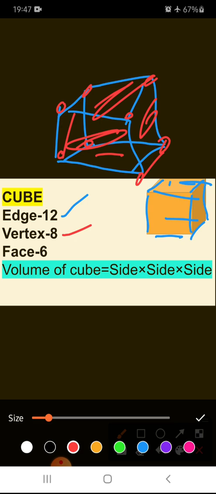And the volume of a cube is side multiplied by side multiplied by side, that means side cube. In the case of volume, we use the unit cubic centimeter or centimeter cube. Both are the same, and both are correct.